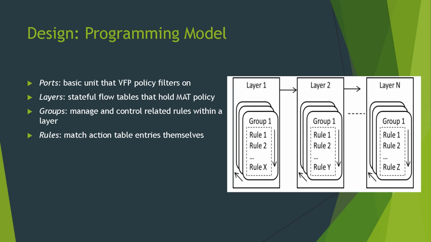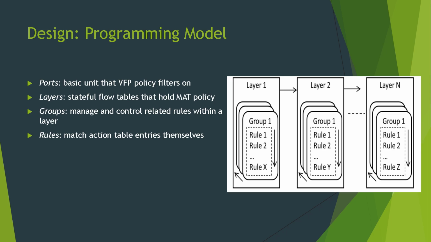The programming model used for VFP is based on a hierarchy of VFP objects. As you can see, they are all listed here. Controllers can create each of these objects as they see fit in order to implement their own software-defined networking policies.